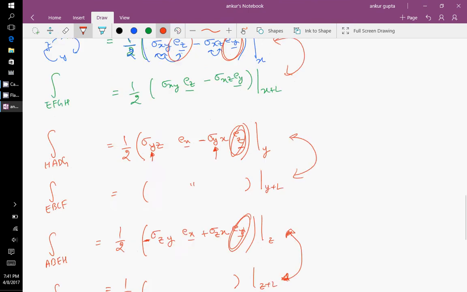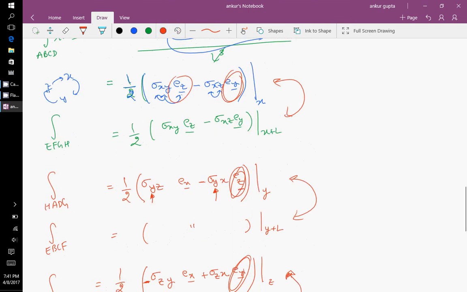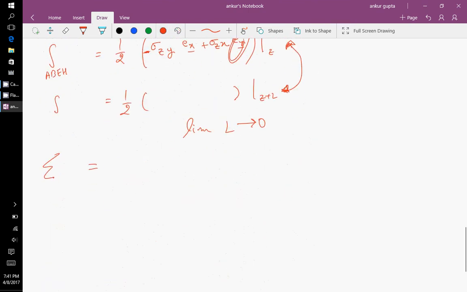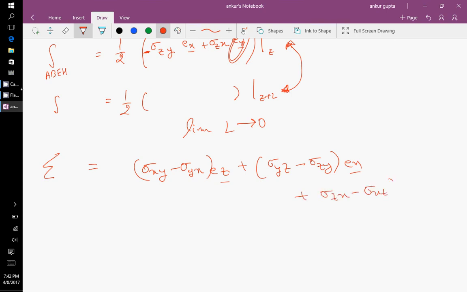If I club the same directions, then what we get is sigma xy minus sigma yx into EZ, plus sigma yz minus sigma zy into EX, plus sigma zx minus sigma xz into EY. And we know this is equal to a 0 vector because the torque has to be balanced.